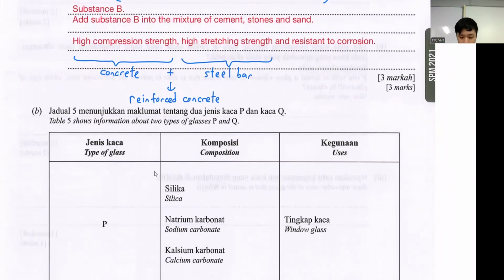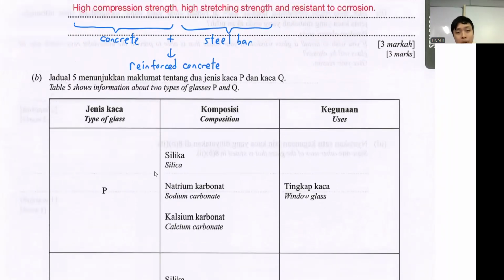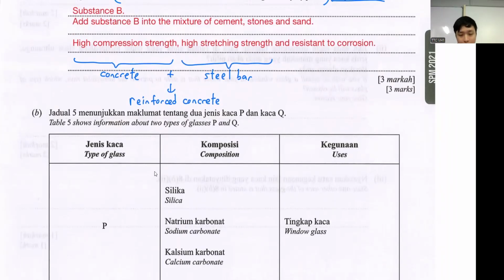Table 5 shows two types of glasses, P and Q. So what is glass made of? This one, 8.2. Glass is made of sand. It's better if you call it silica.